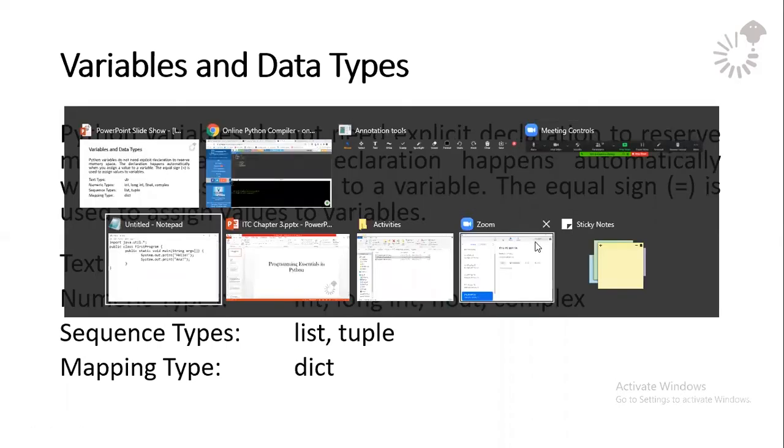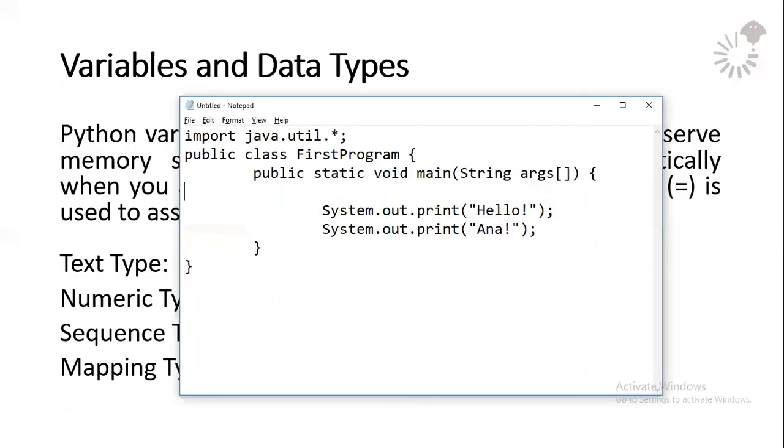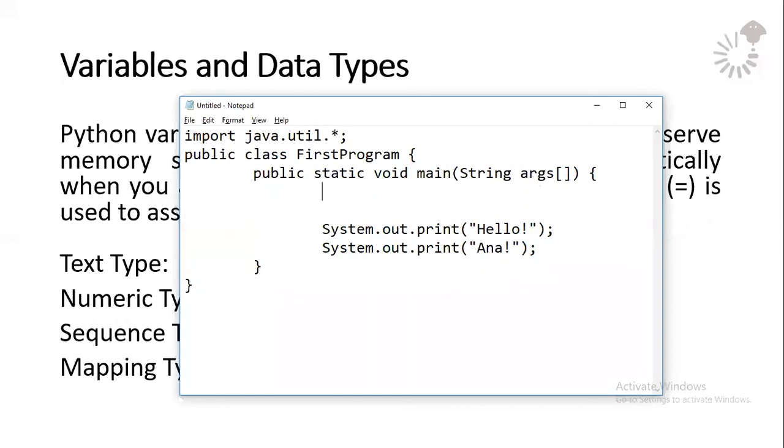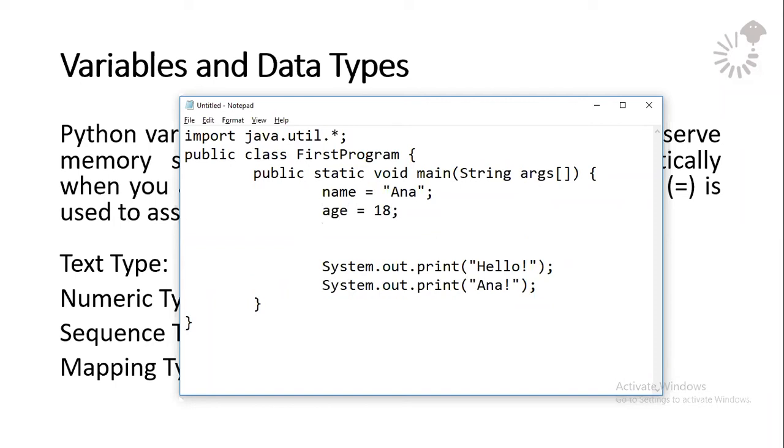If you compare creating variables with Java, yung ginawa natin kanina, since name is Ana, and then age is 18, grade is 1.0. Ganyan yung kay Python.